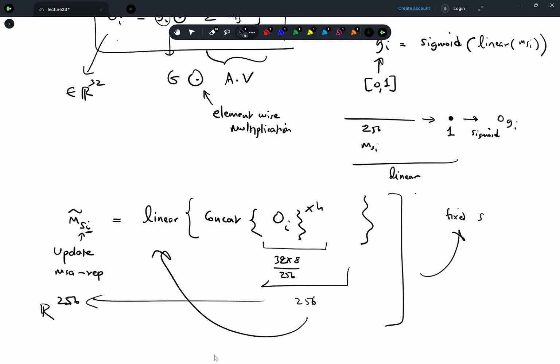Was there any question? Yeah. You technically don't need it, but it's always good to have it, because what if I want to change the number of heads? If I want to make my heads 12, then you would need a linear to project it back. Here you don't really need it, but it's just for good measure.